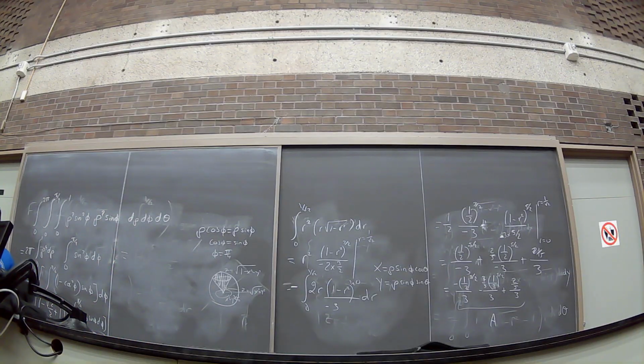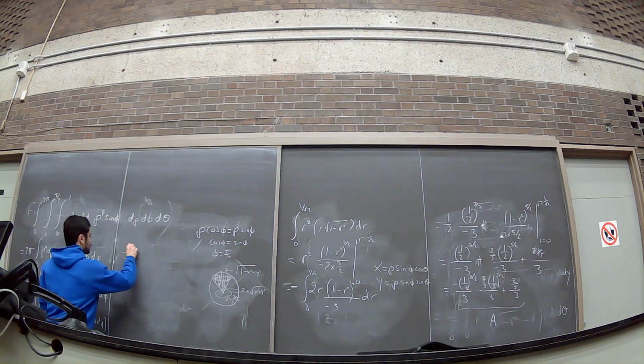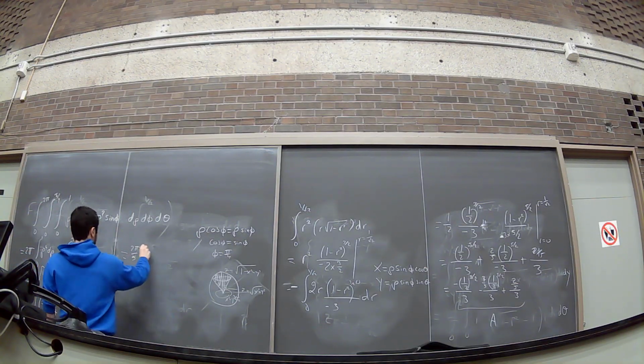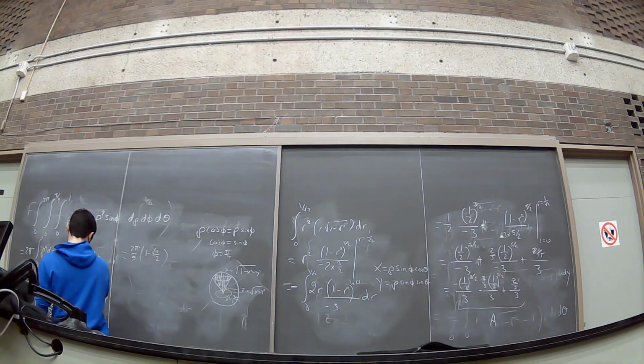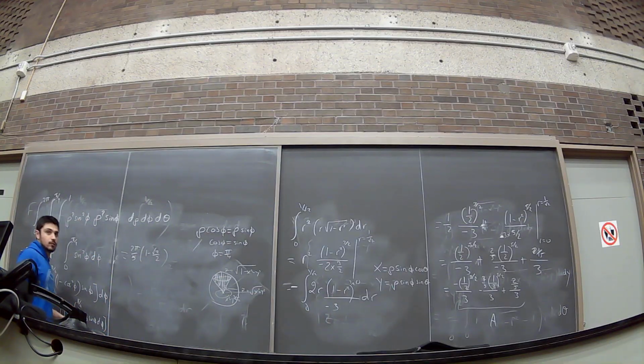You can do a u sub. u is cos phi, du is minus sine phi d phi. So here you get cos cubed over 3, right? So you get 2 pi over 5 times 1 minus root 2 over 2, minus cos cubed over 3. That's it.